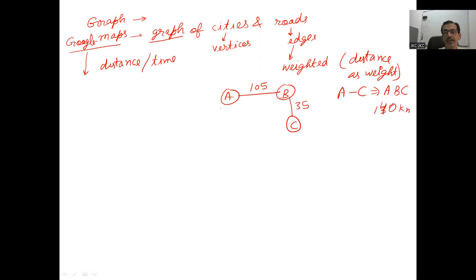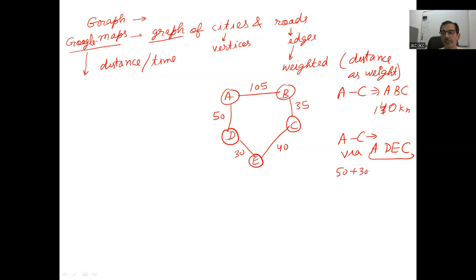Another way could be A to D, which takes 50, D to E, which takes another 30, and E to C another 40. So I could reach C via A, D, E, C. Effectively, this is 50 plus 30 plus 40, that is 120. So I find that this is a smaller distance, and this is how the routes are calculated.